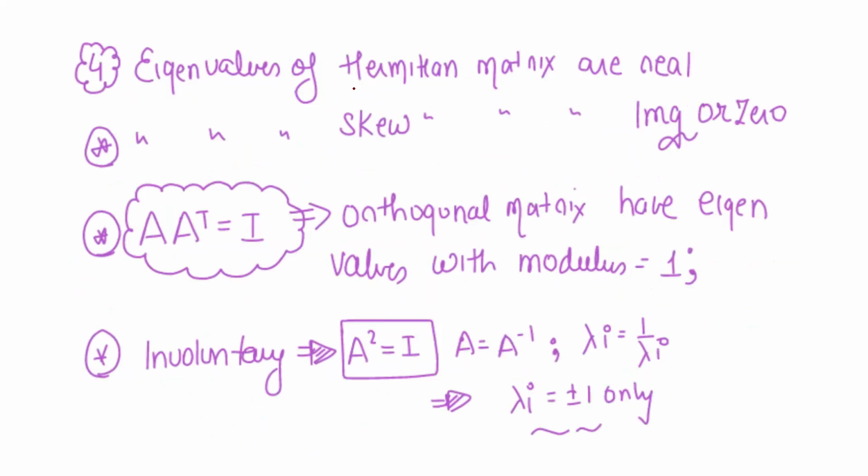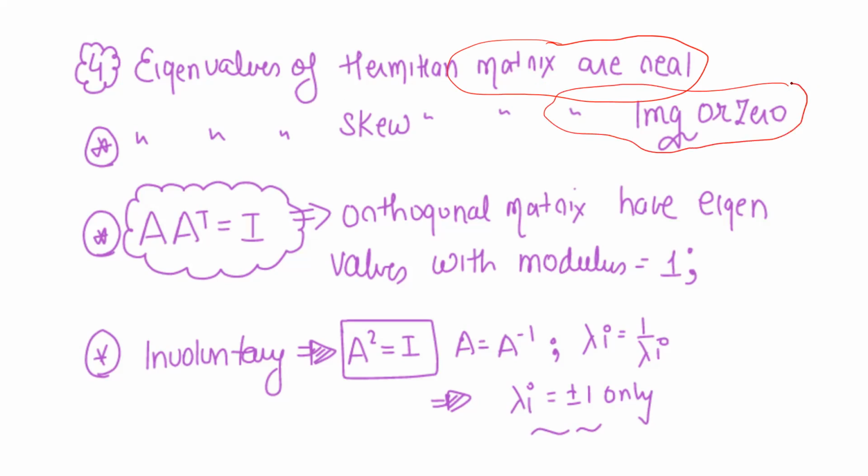Fourth, eigenvalues of a Hermitian matrix are real. This is a very important point. Eigenvalues of a Hermitian matrix are real. Similarly, for a skew Hermitian matrix, the eigenvalues are imaginary or zero. A A transpose is equal to I, an orthogonal matrix, has eigenvalues with modulus 1.